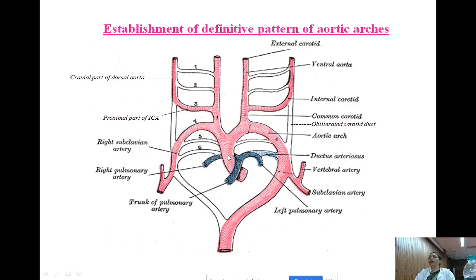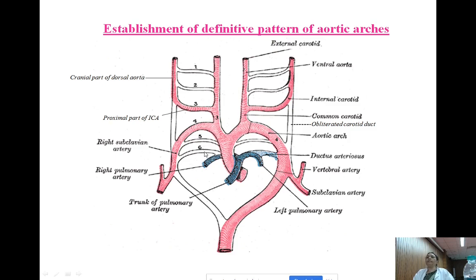So the arch of the aorta is formed by the aortic sac, its left horn, and the fourth aortic arch up to the attachment of the subclavian, that is the seventh intersegmental artery. That seventh intersegmental artery is actually fixed to the limb bud, so it will form the subclavian artery. And here also the carotid duct, the portion of the dorsal aorta between the third arch and the fourth arch, is obliterated. Okay, so the aortic arch is formed.